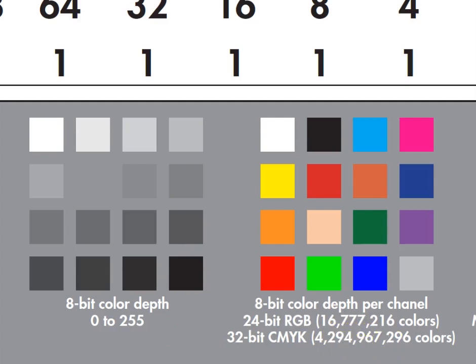In CMYK, if you have a file that has been converted to CMYK, cyan, magenta, yellow, black, the primary printing colors for commercial printing, that would be a 32-bit color depth, or 8 bits per channel, 4 channels, and that would give you a possible 4,294,967,296 colors. That's for pixel-based or bitmap-based art.